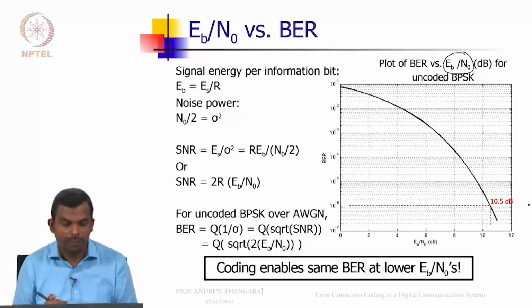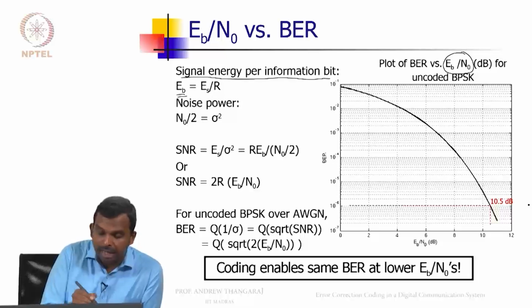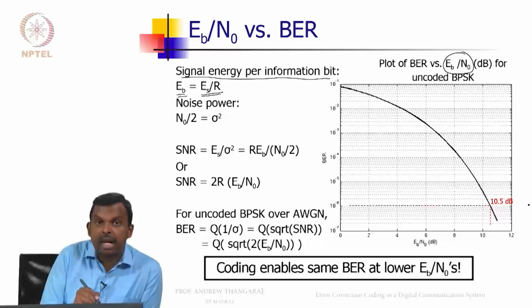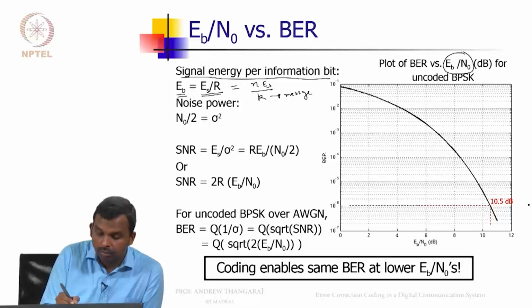So, let me describe that. Eb is the signal energy per information bit, and it is defined as Es divided by R. How does that come? This is n times Es divided by k. So, k information bits, k message bits, get converted into n code word bits.